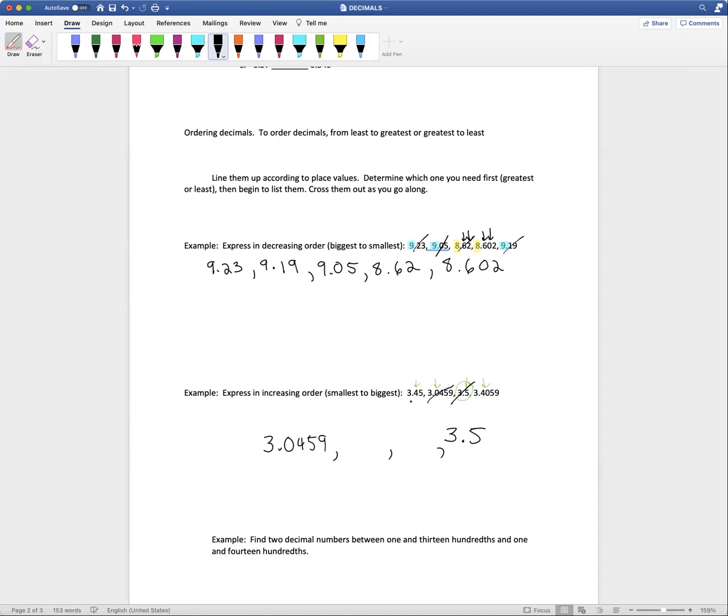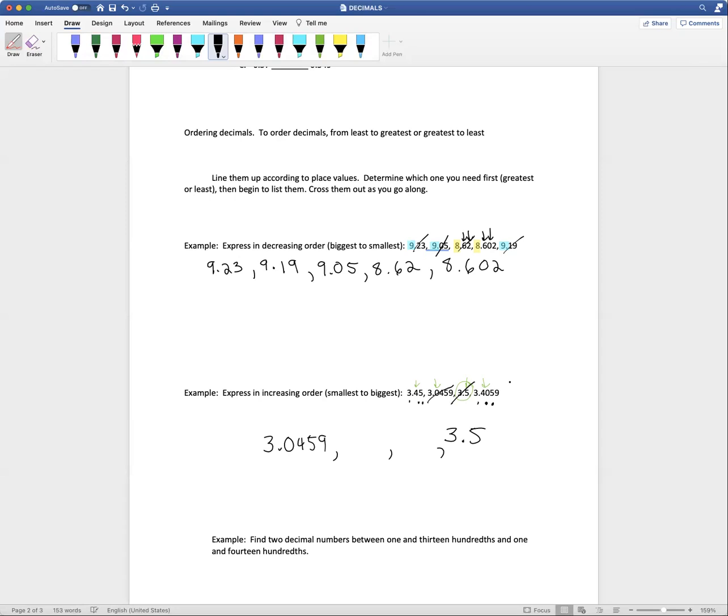Okay, so, all right, we know. Let's go to the next smallest, right? So after 3.0459, what number is going to come next? And then we know what the third number is going to be, whichever one's left. Okay, so when we're comparing these, same ones, same tenths, right? They both have 4 tenths. And now regarding hundredths, this guy has 5 hundredths, this guy has 0 hundredths.